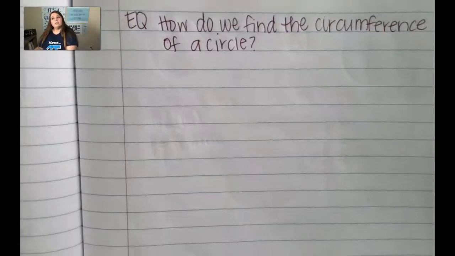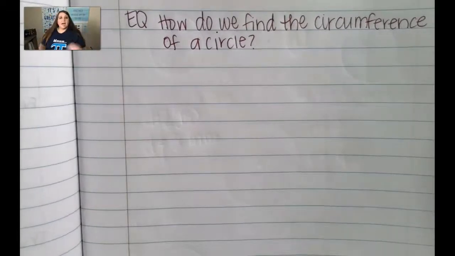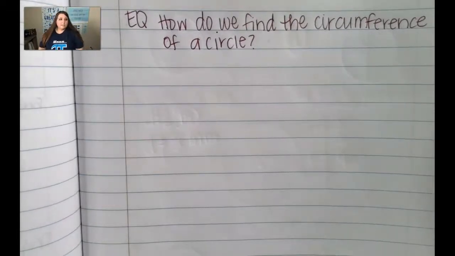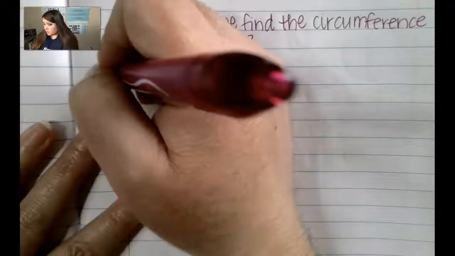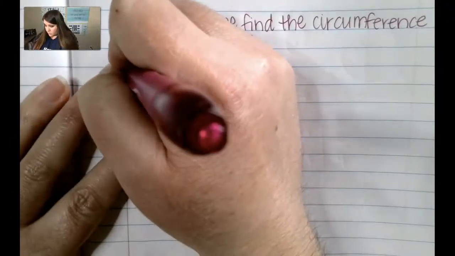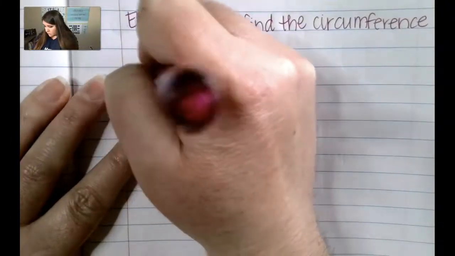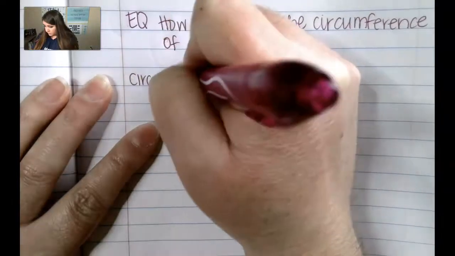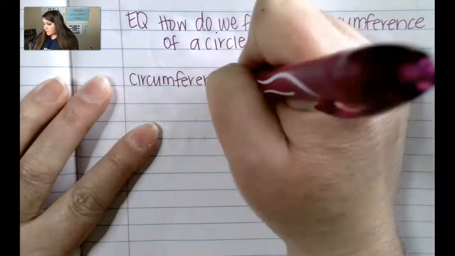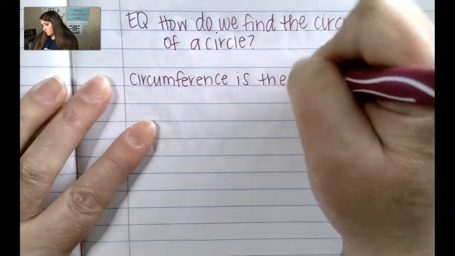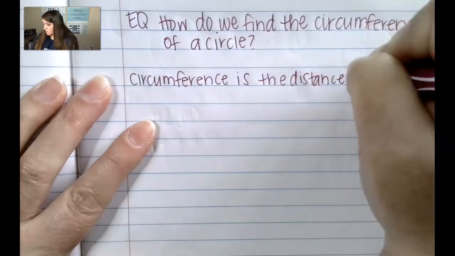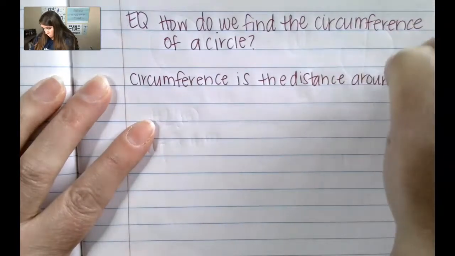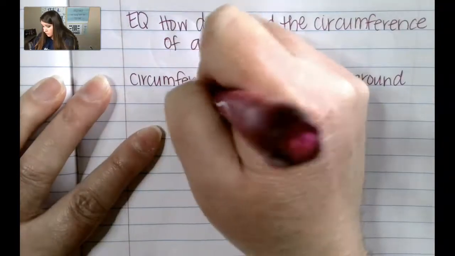Today, we are talking about circumference, and how do we find the circumference of a circle? Well, first of all, we need to talk about what the circumference is. Circumference is the distance around a circle.